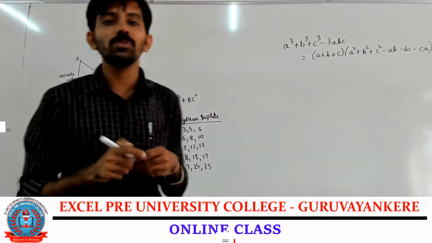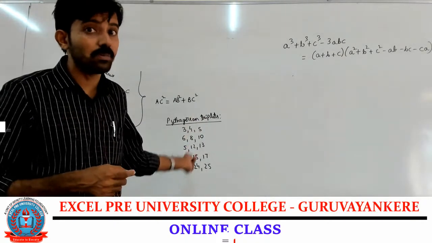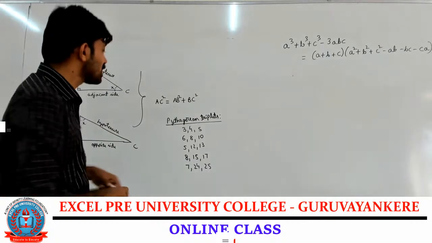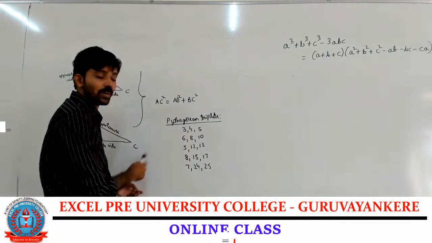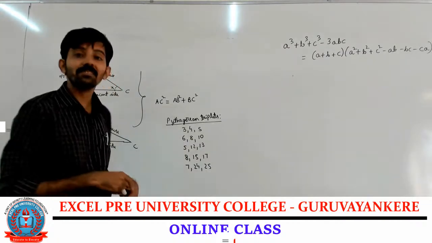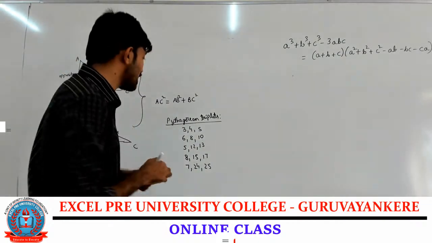Very often we use these Pythagorean triplets in working out problems at PU level, so it's better to memorize them. 3 square plus 4 square is 5 square. 6 square plus 8 square is 10 square: 6 square is 36, 8 square is 64, 10 square is 100.